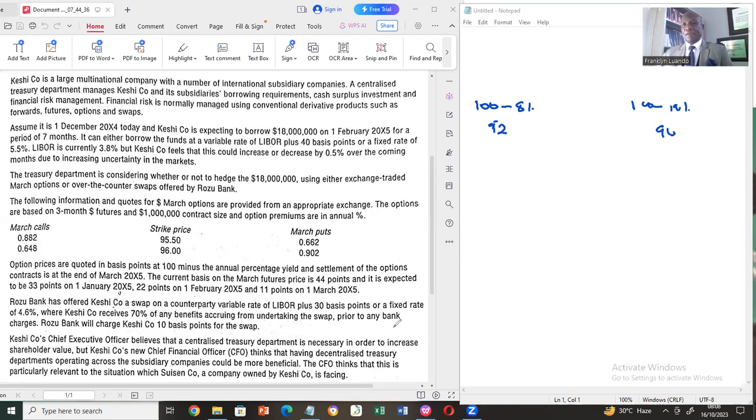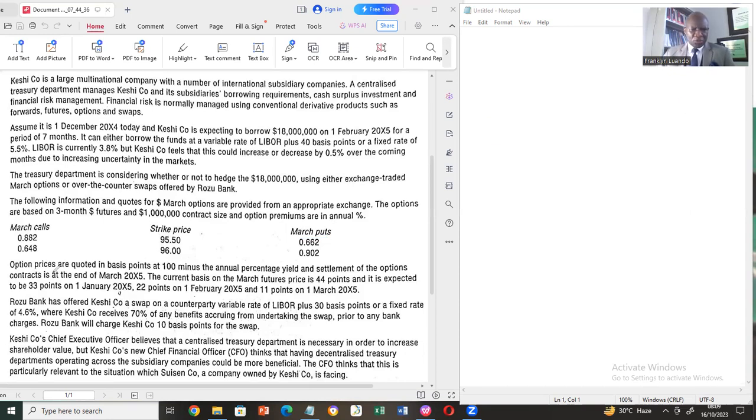So for a borrower, he should sell the futures now and buy the futures later, buying the futures at the settlement. Therefore, the borrowers sell now. Since they are selling, the option is the put option. Put option is the right to sell. Therefore, it will be the put option. I think that is important for now.